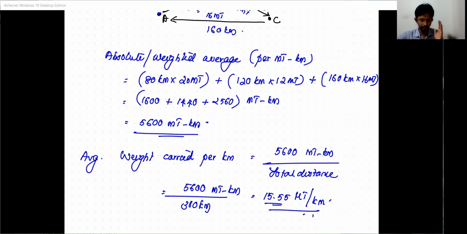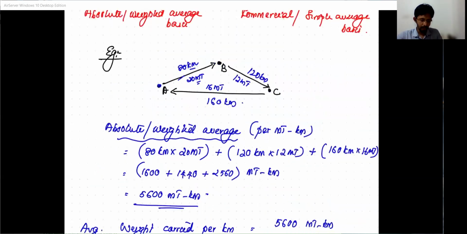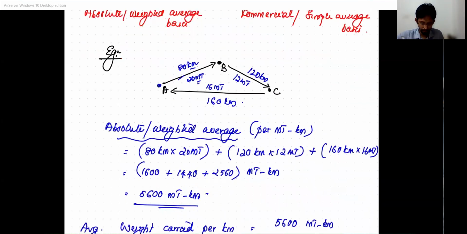That is the average weight that was carried by each vehicle over the total distance, weighted average. Okay, now this is absolute weighted average. Now you have to see what is the commercial or simple average.